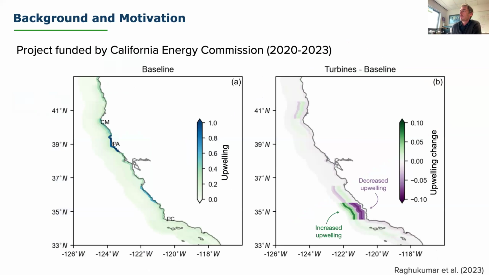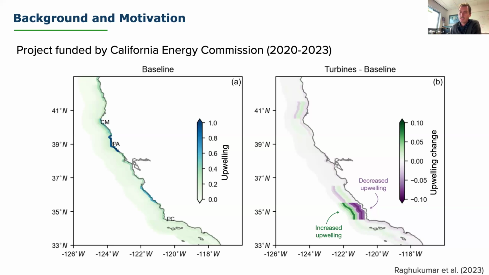And so this project is building on prior work in this space. Kaus led an earlier project funded by the California Energy Commission. The takeaway here was this was really focusing on the physical upwelling changes. In the lee of simulated wind farms for Morro Bay and Diablo Canyon at the time, we could see this wind wake and associated with it this change in the spatial structure of upwelling.